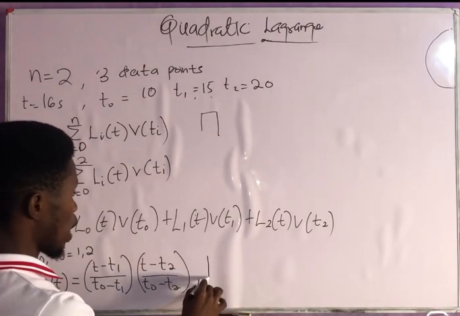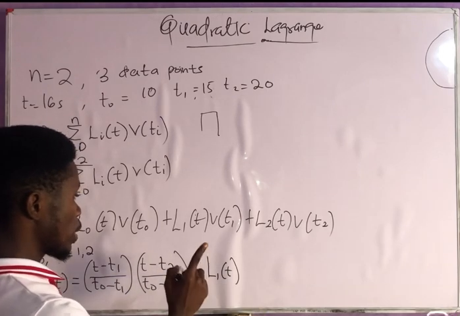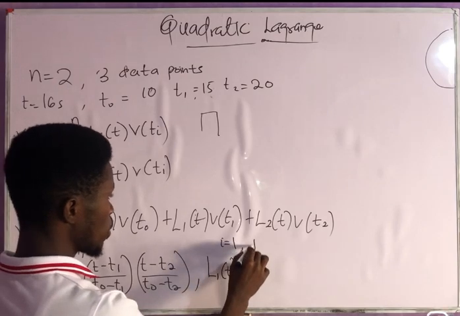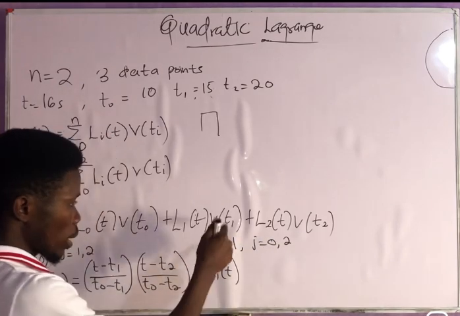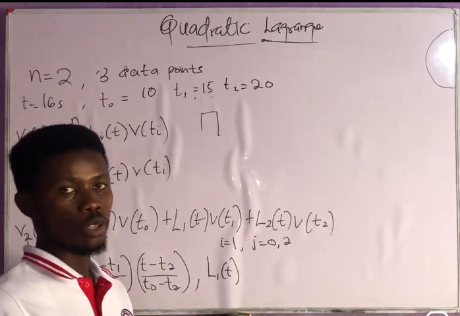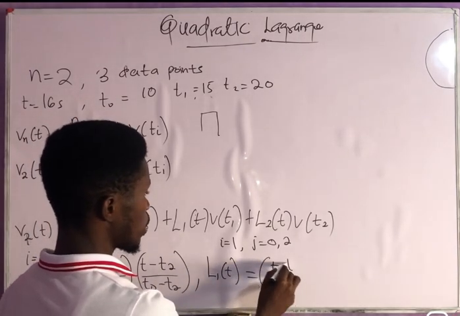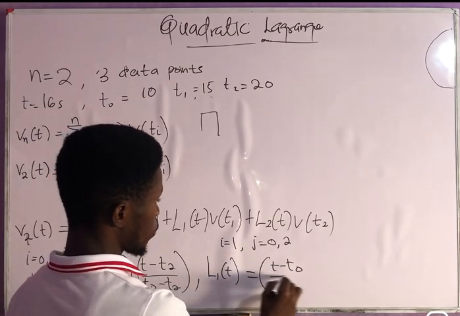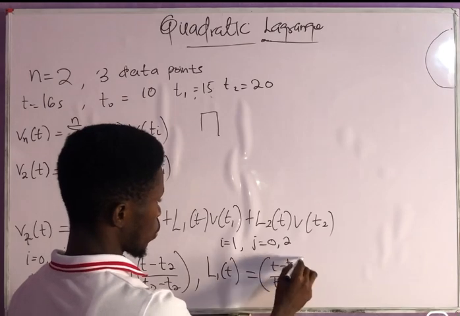Then we can also get our L1 of t. That is when i is 1. So it means our j will be 0 and 2, because j can never assume what i assumes. So we have t minus t0 over t1 minus t0.